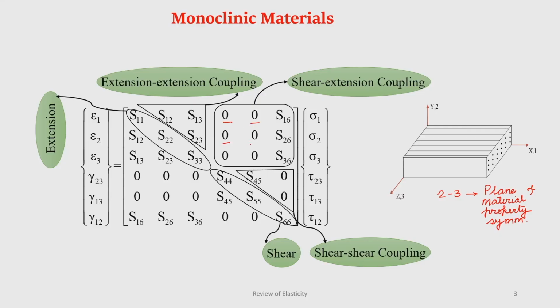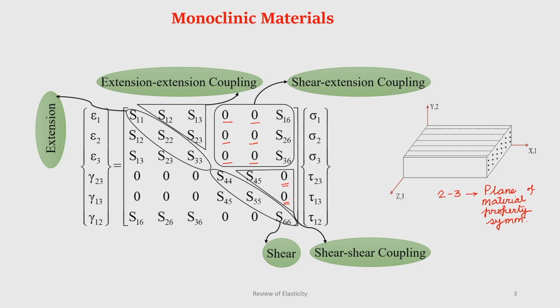6 of these shear extension coupling coefficients go to 0. Okay. Namely, S 1 4, S 1 5, S 2 4, S 2 5, S 3 4, S 3 5. In addition, 2 shear coupling terms also go to 0. Okay. Namely, S 4 6 and S 5 6.